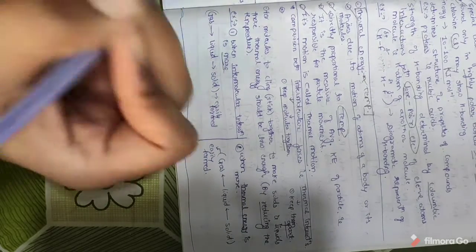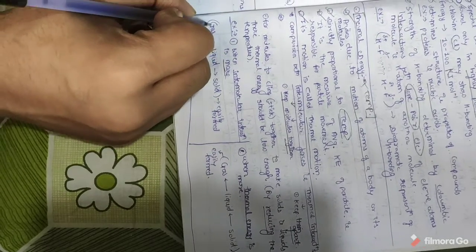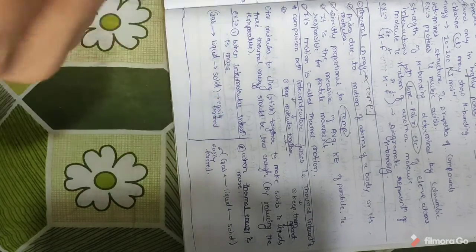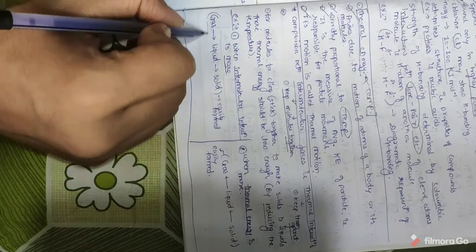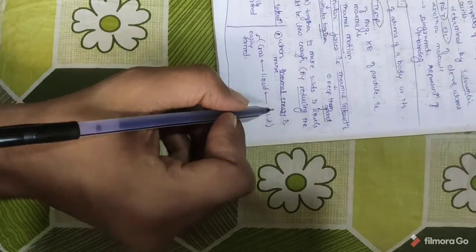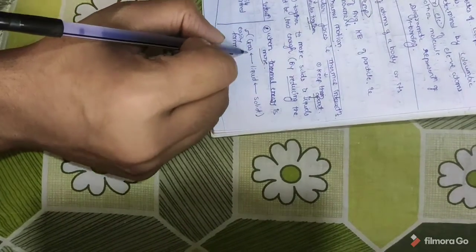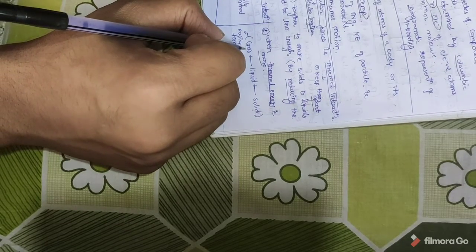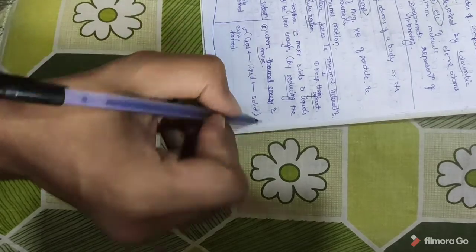That is, the formation of liquids is easier than gases, and the formation of solids is easiest. And when the thermal energy is more, then the formation of gas is most easily preferable than that of liquids and solids.